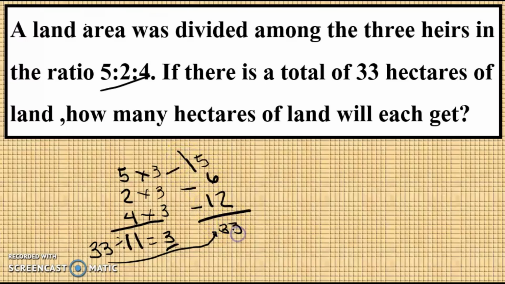So, tama. So, meaning, bawat isa sa mga tagapagmana ay makakakuha ng, the first one, ito yung 5, is 15 hectares. The second one is 6 hectares. And the third one is 12 hectares. Okay? So, ito yung sagot natin.